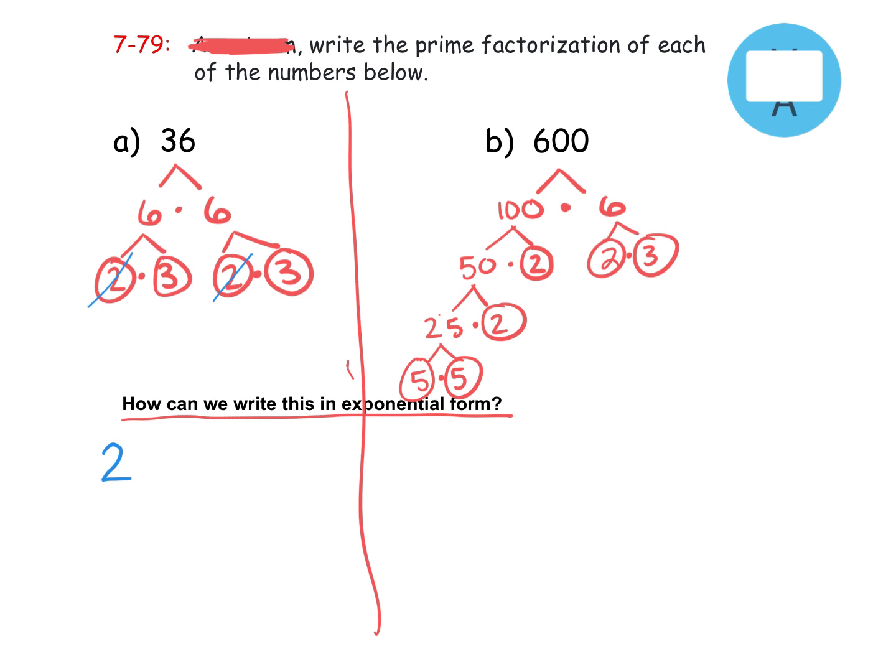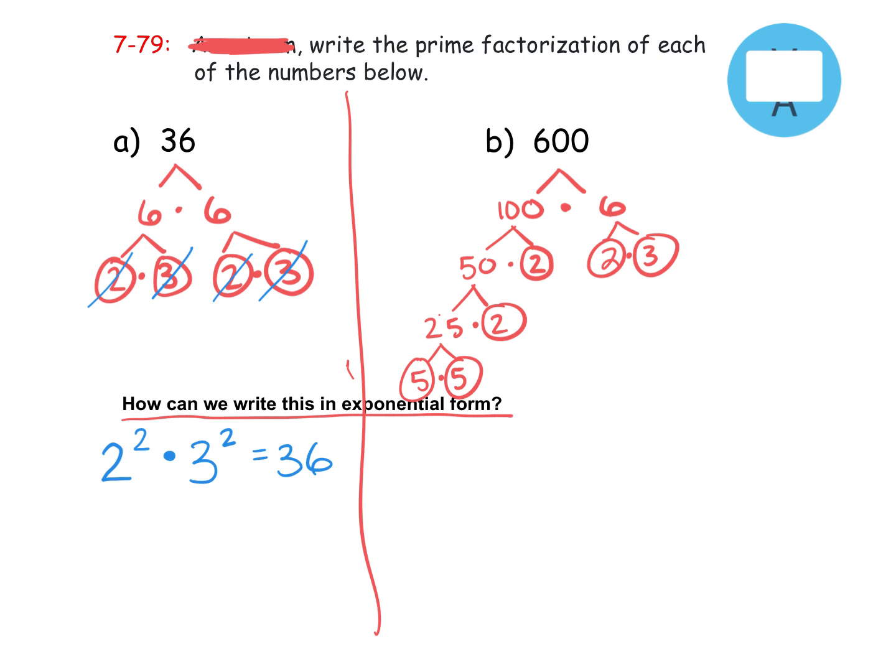So then we do 2 to the power of 2 times the next smallest circled number, which is a 3. We count how many we have. 1, 2. 3 to the power of 2 equals 36. So instead of writing out 2 times 3 times 2 times 3, we are going to use our powers, or our exponents.